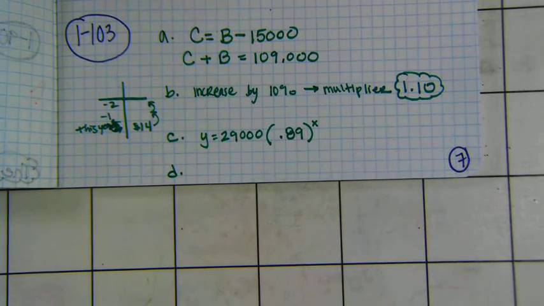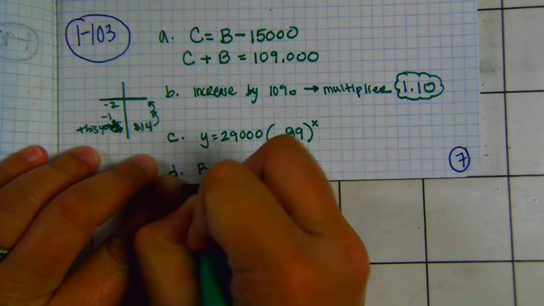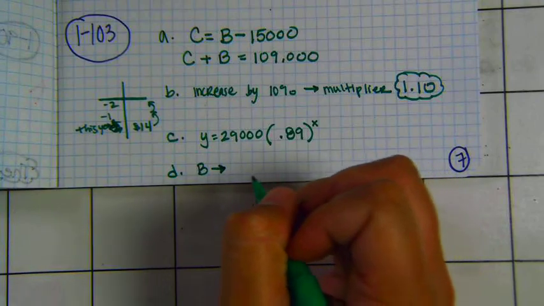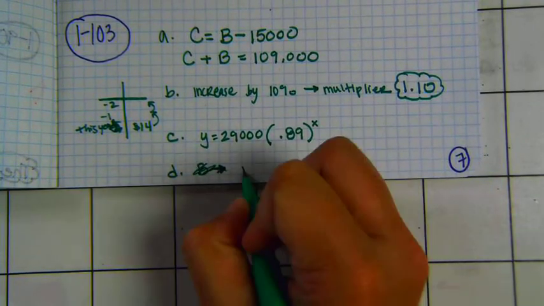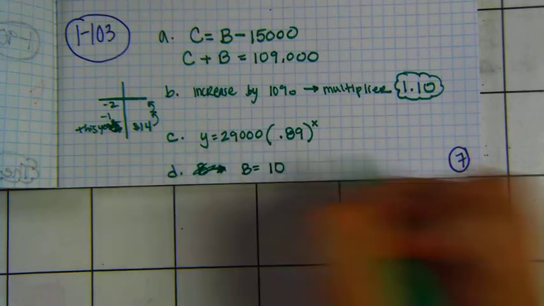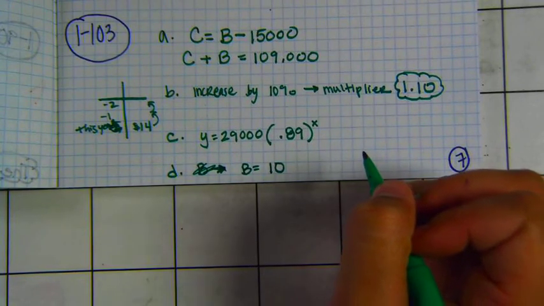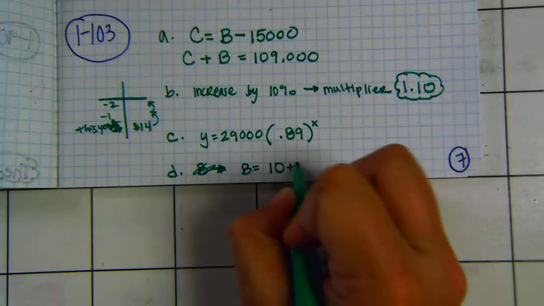Letter D. Miss B and Miss D are writing problems for an algebra book. Miss B started with 10 problems already written, and she can write 6 problems an hour. So I'm going to say Miss B equals started with 10, and she can write 6 per hour.